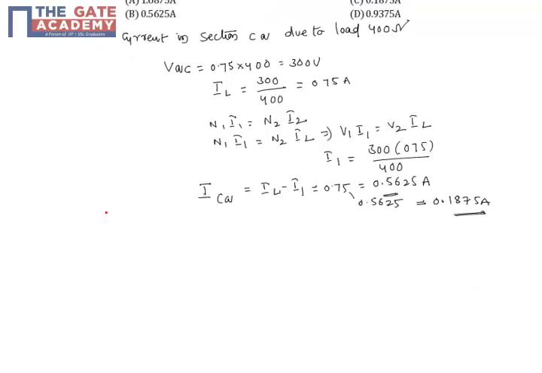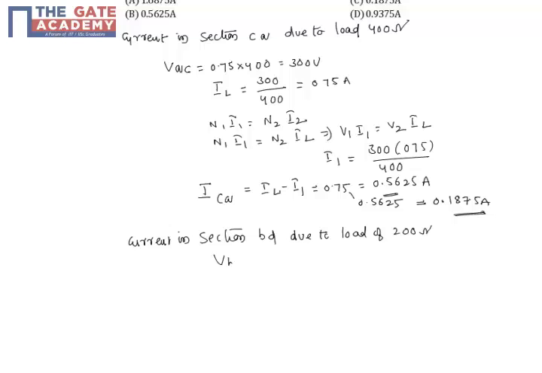So now the current in section BD due to the load of 200 ohms.